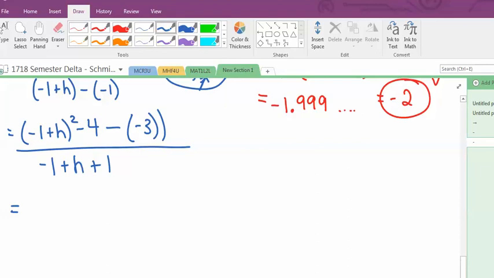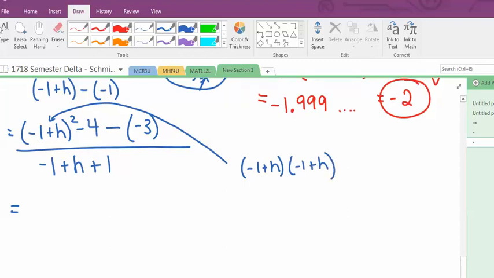Okay, so I'm just going to tidy some of this up. So negative 1 plus h squared, if I expand that, I get negative 1 plus h times negative 1 plus h. So if I actually really expand that binomial, then I get 1 minus 2h plus h squared minus 4 plus 3 would be negative 1.